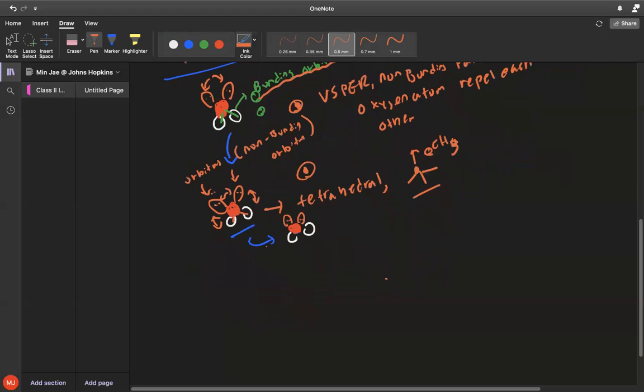Okay. So as a summary, water has a molecular label.